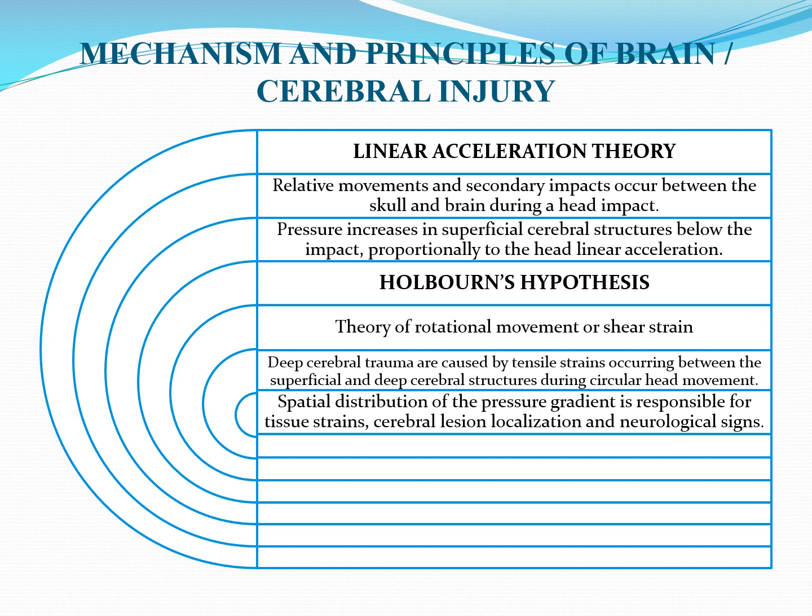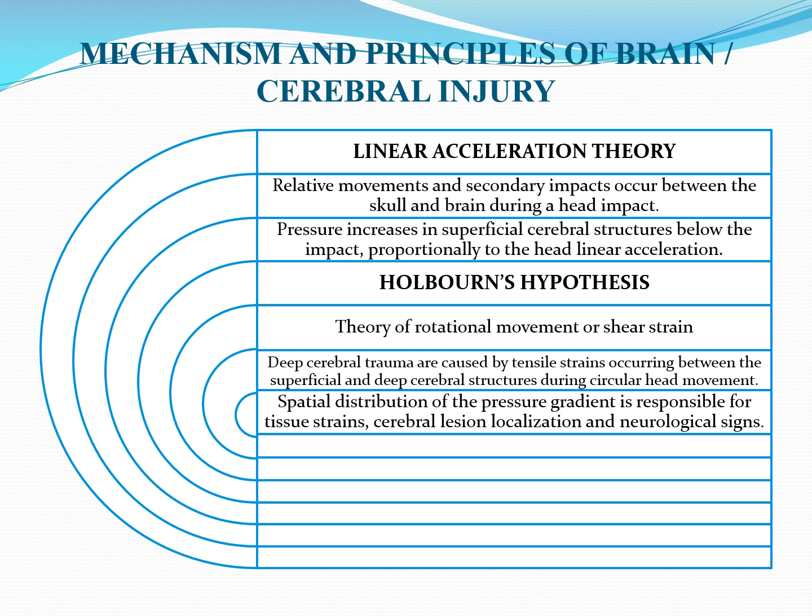The pressure increases in the superficial cerebral structures below the impact zone, proportional to the head linear acceleration. This theory basically explains the occurrence of most of the superficial cerebral lesions.